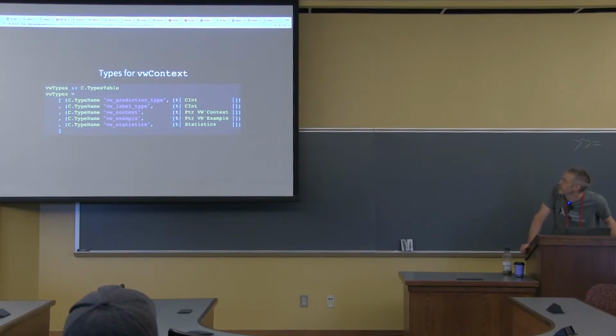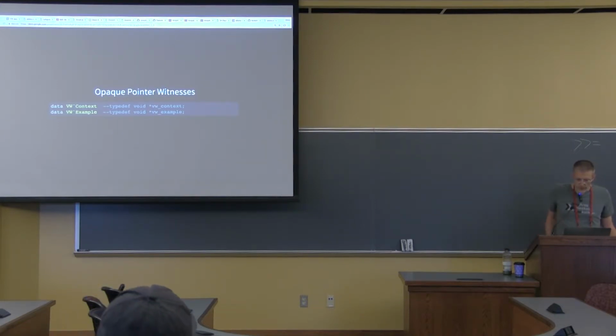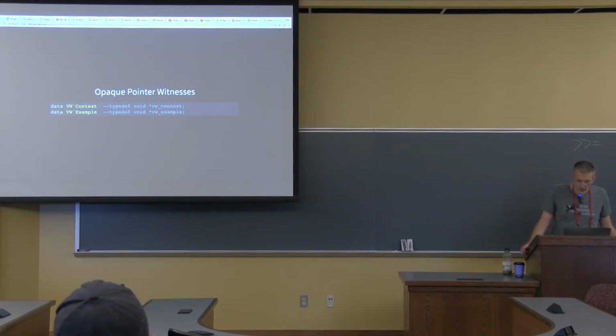So the T quasi-quote is just for type. And then, as I said, the opaque pointer witnesses, they're void types, so they contain no values, right? They're like empty sets in Hask. And we're only ever going to construct pointers to them because there's no Haskell values other than bottom that have that type. And they're paired with void pointers on the C++ side. So this is a pretty common trick for arbitrarily typed foreign data.